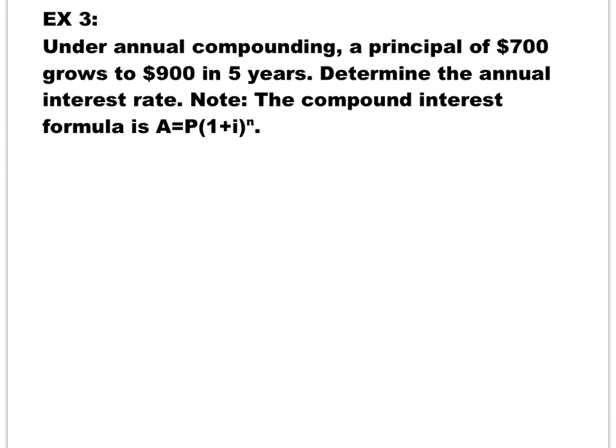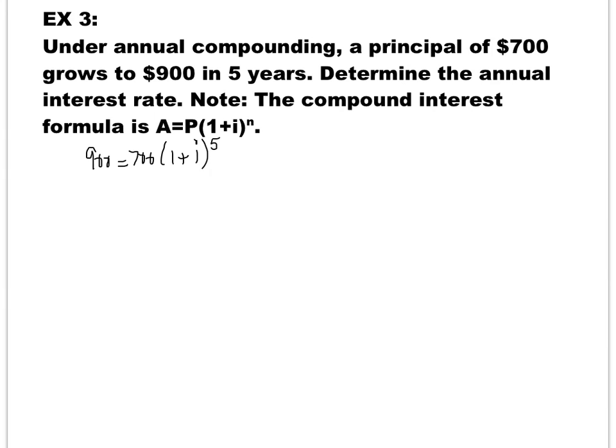P is the initial value, which is 700. I is the interest rate, which I have to find, and N is the number of years. So I'm going to substitute the values. I'm going to say 900 is 700 times (1 plus I) exponent 5.